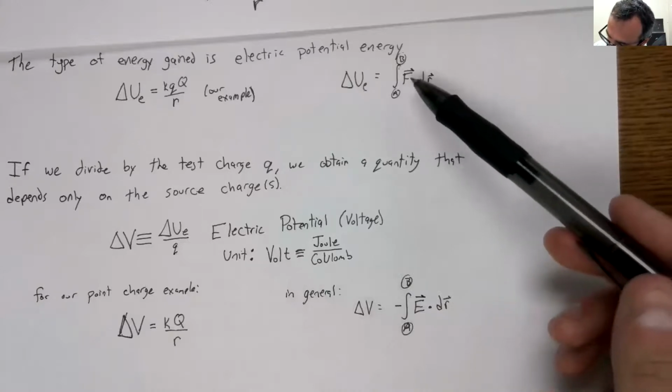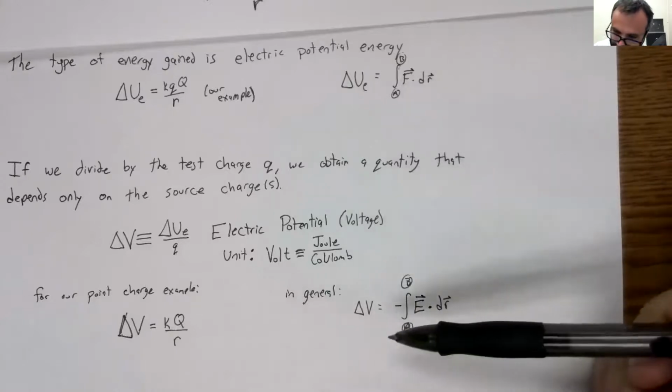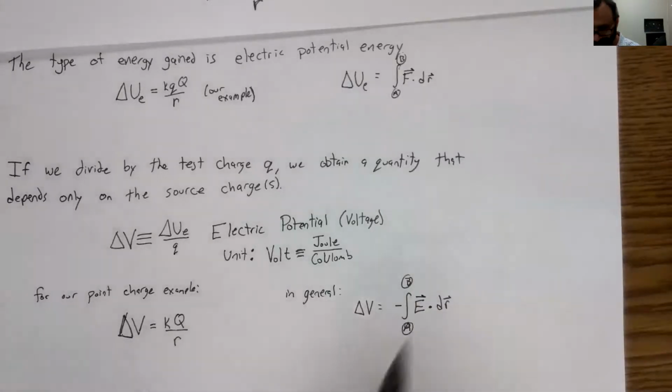So I had put a negative sign in there, and now I have to put the negative sign back. I'm sorry, that's a little bit confusing. I should have thought that through better.